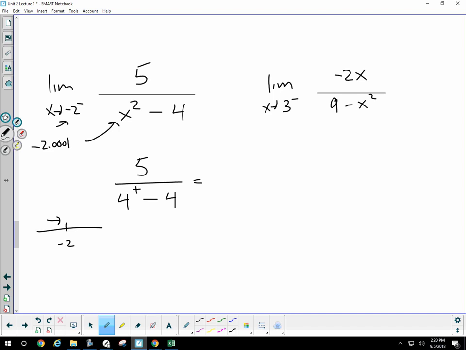It's a little bit bigger on the negative side. Squared will be a little bit bigger on the positive side. So this will be that guy and that guy.